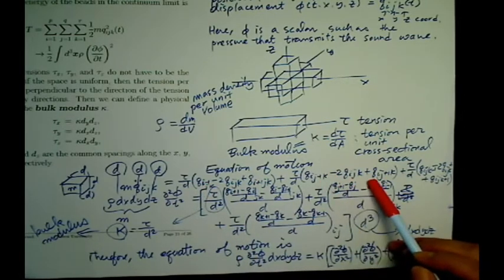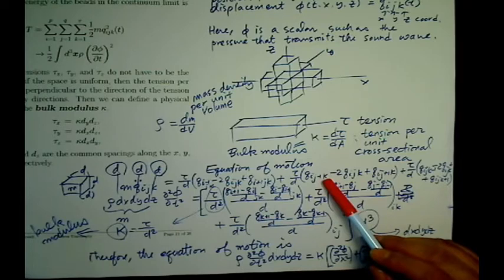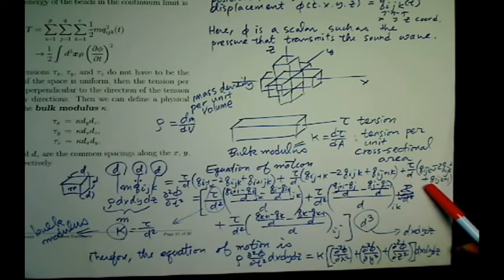In the middle is the contribution for the wave along the y direction, that is keeping i and k the same and varying the j index. And the third one is the contribution of the z direction, where i and j are kept the same and only k is varied.